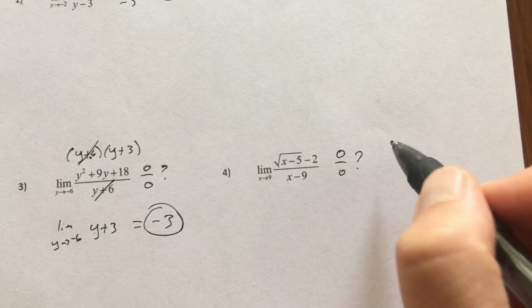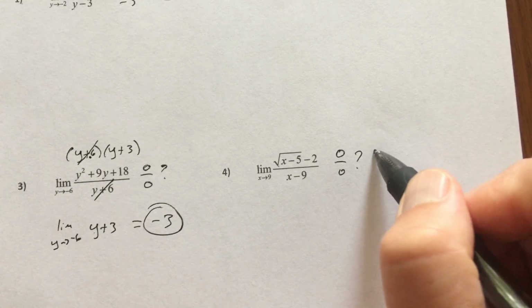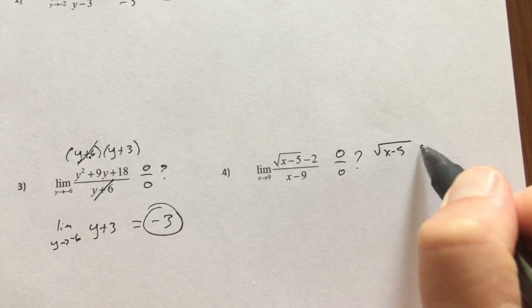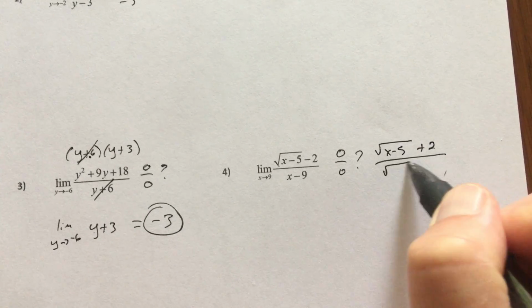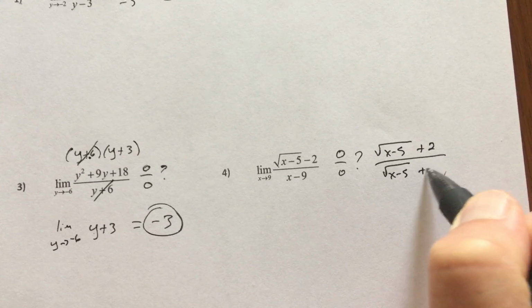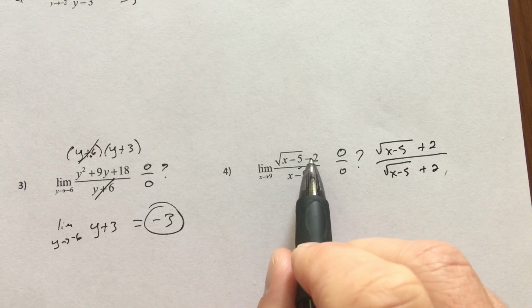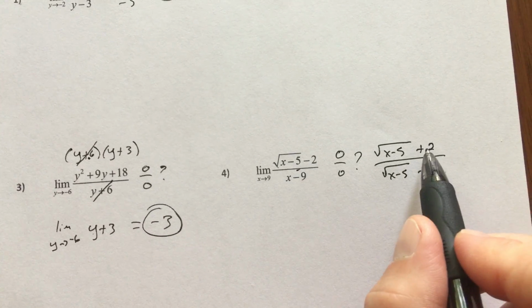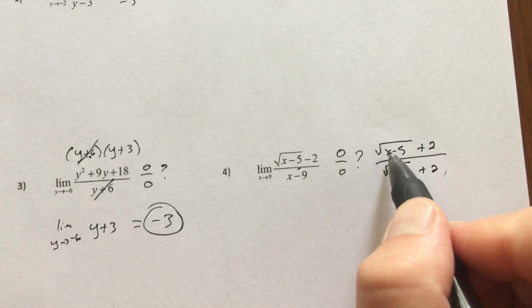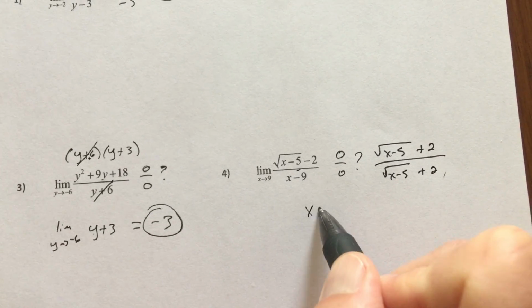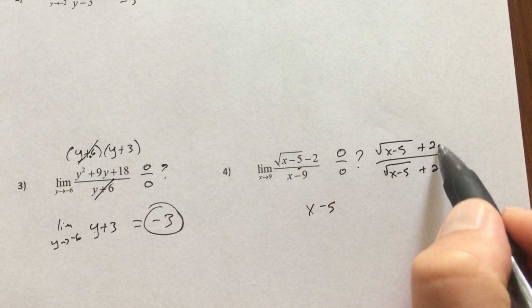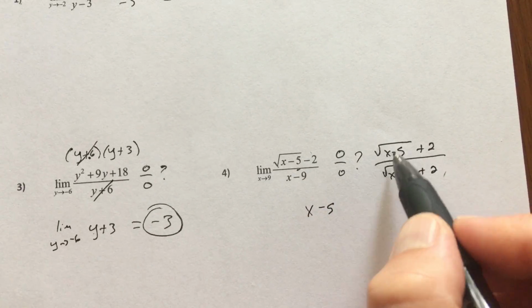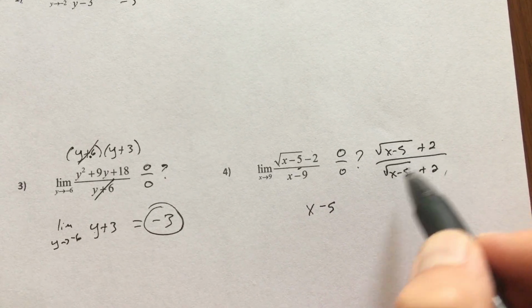Now this one requires a funky thing. We're going to multiply the top and bottom by what we call a conjugate. So I just take that radical that's up here, this goofy looking thing, and instead of minus, I'm going to use a plus. All right. When I do that, I'm going to have square root times square root, which will give me what's underneath of it. The outside and the inside will cancel. We did that on purpose. That's why we used the opposite there.